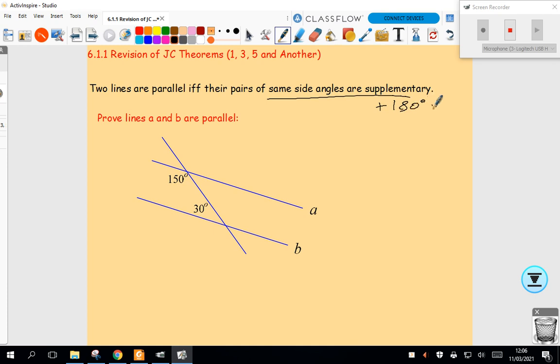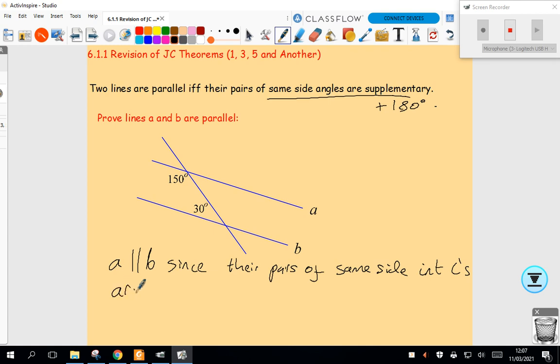So I'm going to say A is parallel to B since their pairs of same side, in this case interior angles, are supplementary.